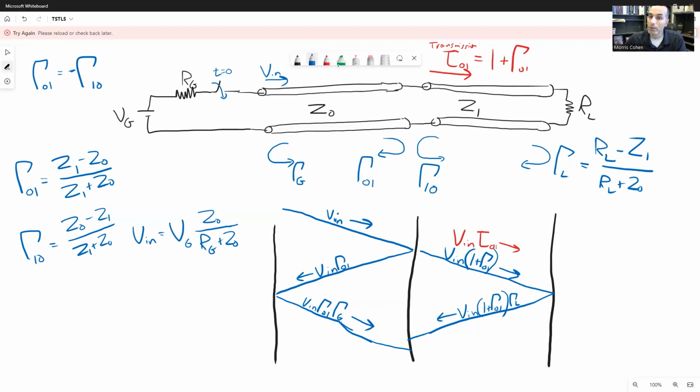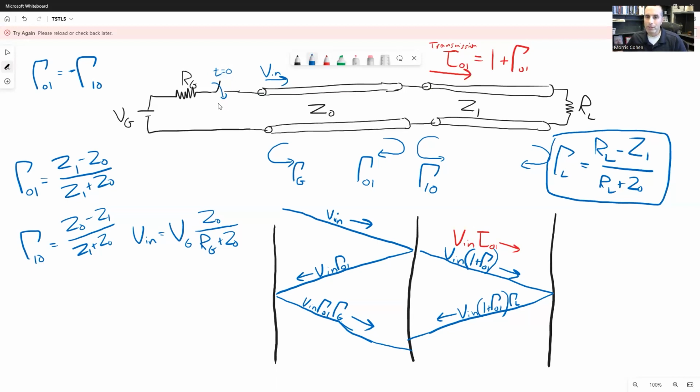It does interact with the load and line 1 at the same time, which is why that is how we determine gamma L. And this process can continue. You may have multiple waves propagating back and forth on both transmission lines until it eventually settles out.